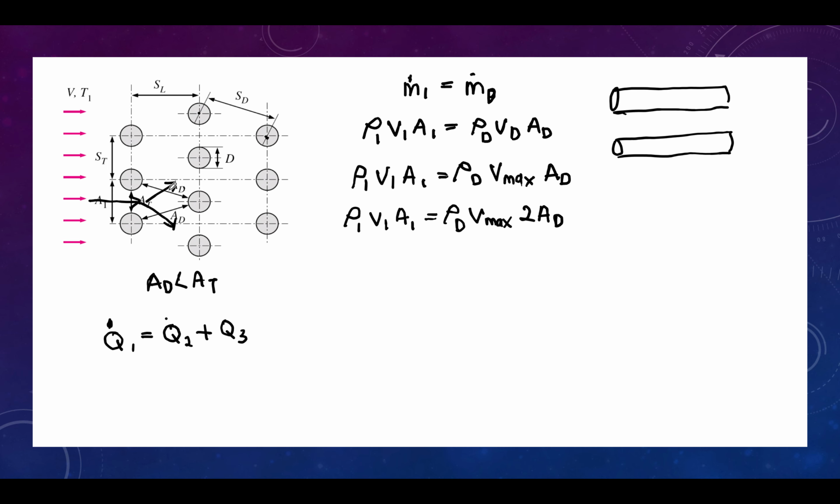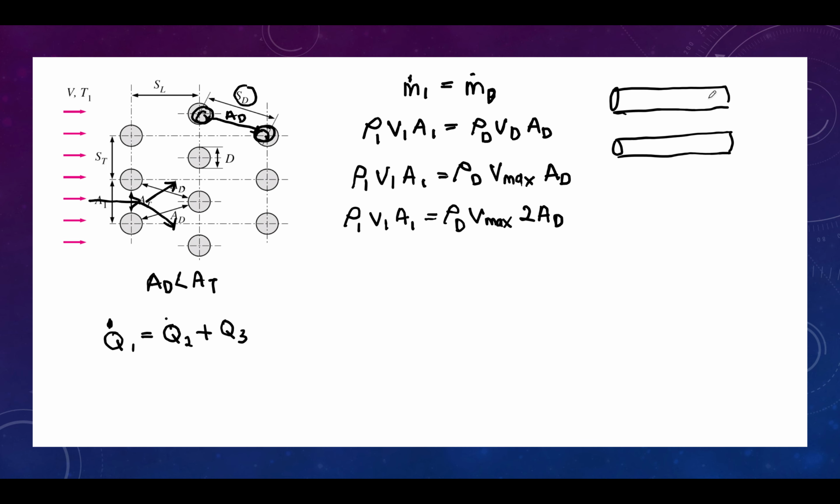We want to find AD, the area from here to here. This is AD. We have SD from center to center, and at the center we have the radius. Therefore, SD must be reduced by the radius here and here.